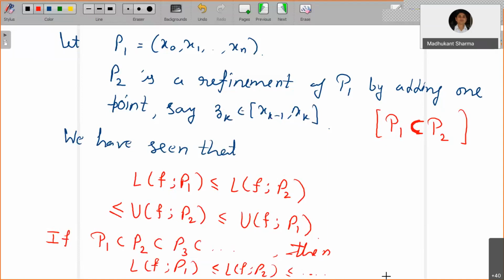So in the limiting case, it's an increasing sequence, but it's always going to be less than or equal to capital M times B minus A. That we know, right? Because the lower sum is always bounded by M times B minus A whenever f is bounded.